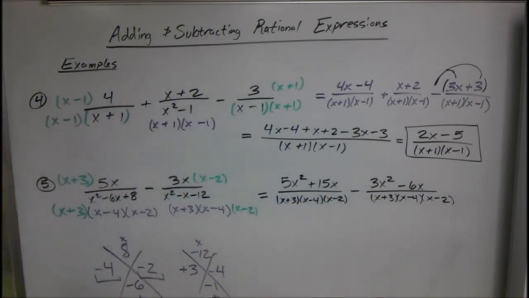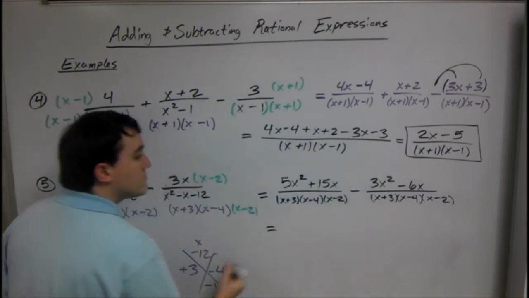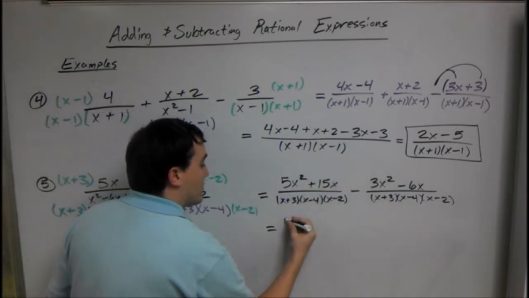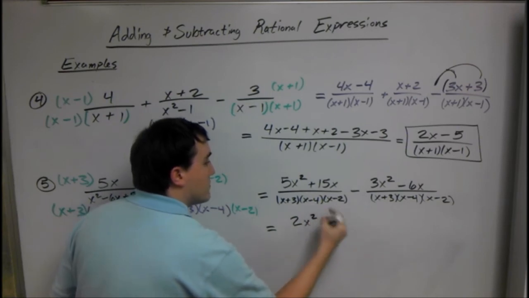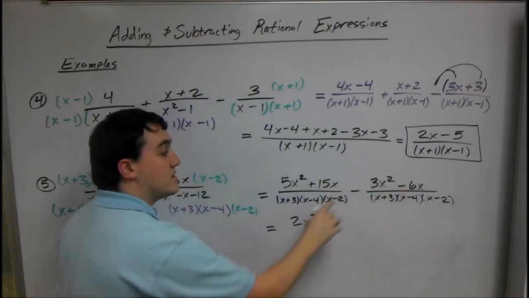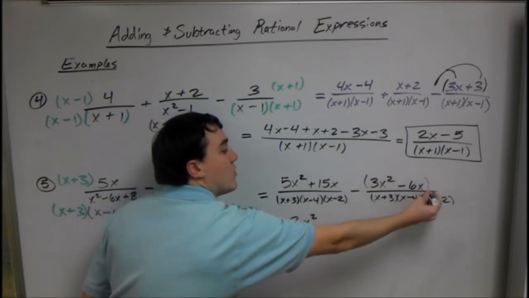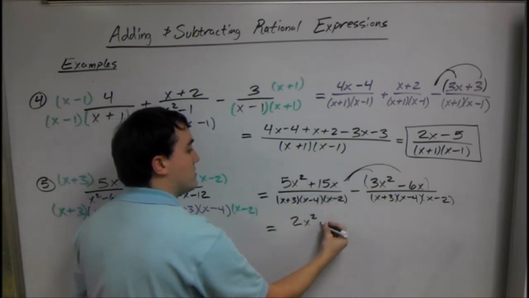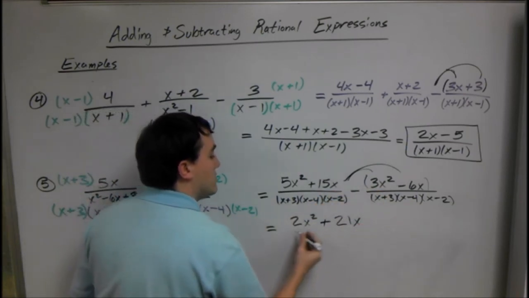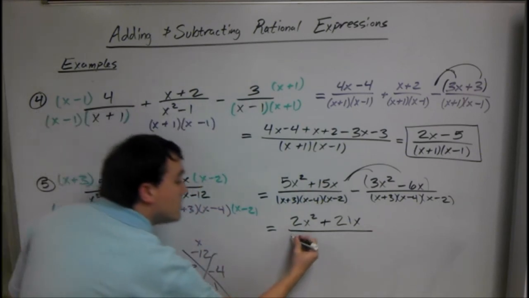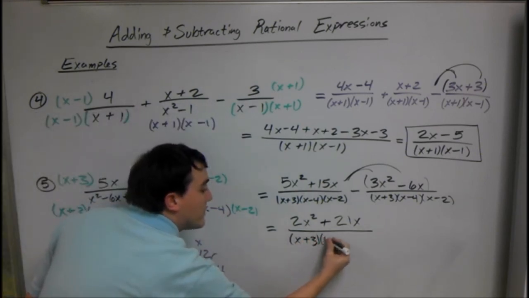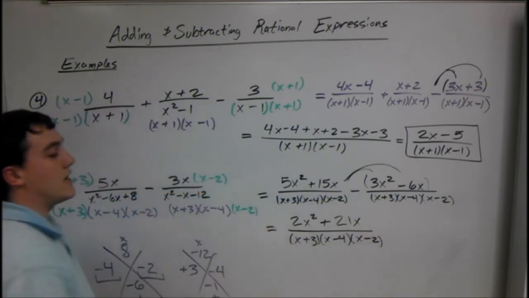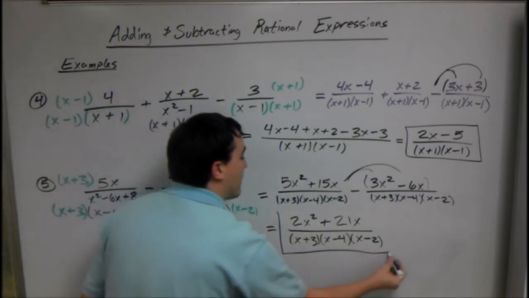And we just add like terms where we can. 5x squared minus 3x squared is 2x squared. 15x minus negative 6x means, minus negative means plus, because remember you're minusing all of this. This is going to both. So we have 15x plus 6x is 21x. Over our common denominator, x plus 3, x minus 4, does not change, x minus 2. And you can factor the top, but nothing will cancel out, so you don't really have to. That'll be it.